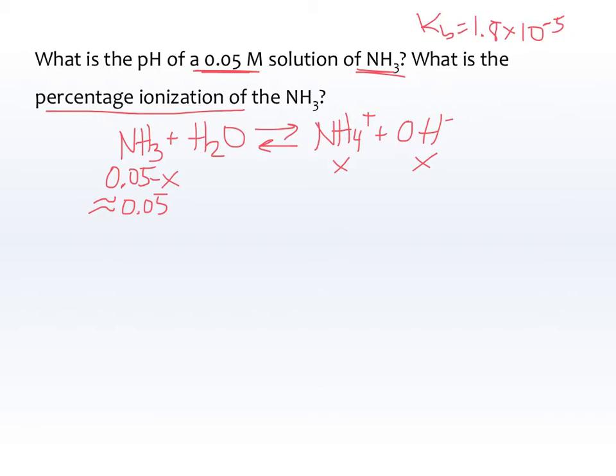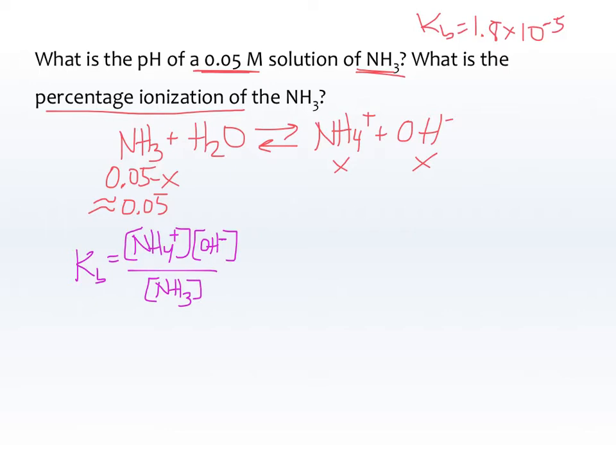And since we have to find the percentage ionization, we'll figure that out here in just a second. Now we need the K expression. This will be Kb because NH3 is a base. So NH4 plus times OH minus divided by NH3.